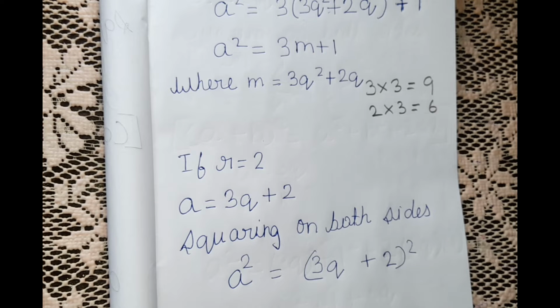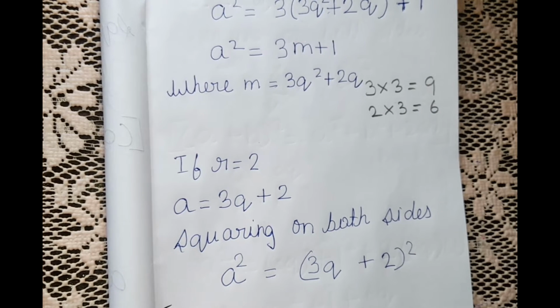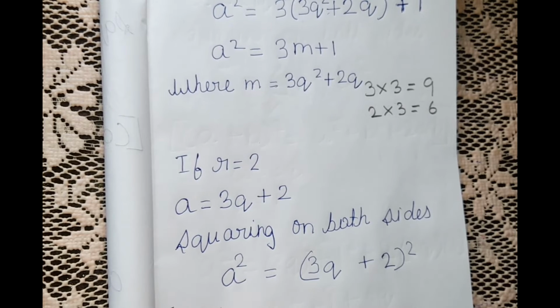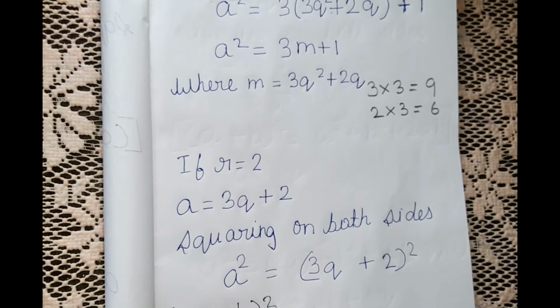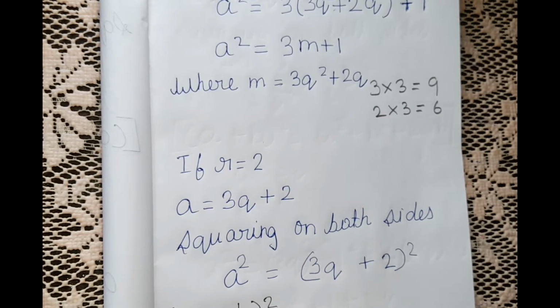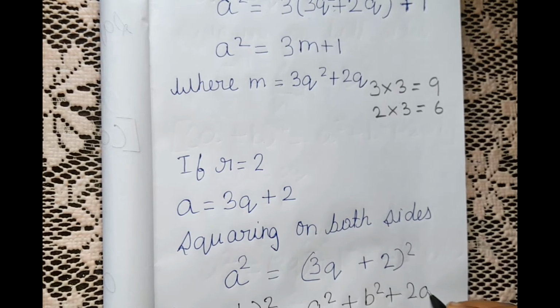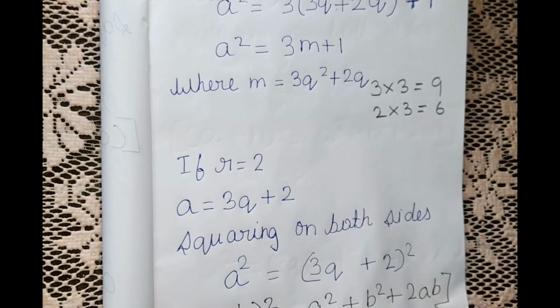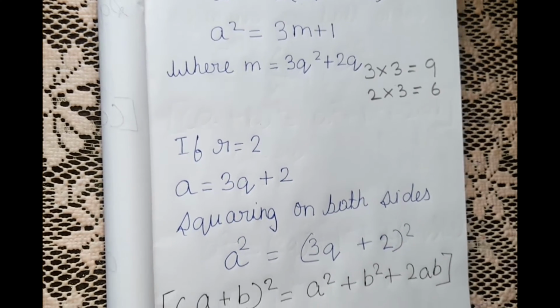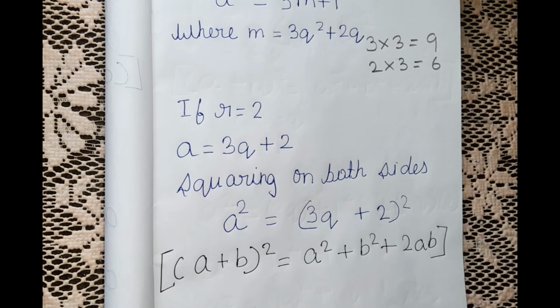So the formula is a plus b the whole square is equal to a square plus b square plus 2ab. So this is the formula. We are going to be using this formula. Please memorize this formula because this is very important.